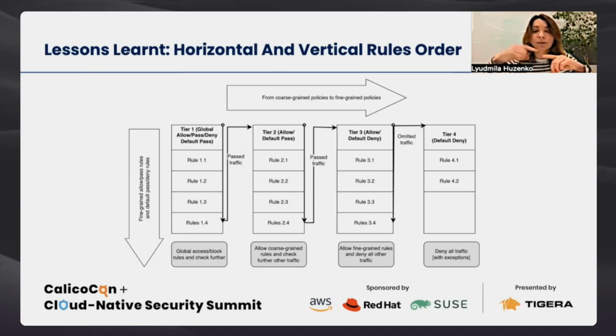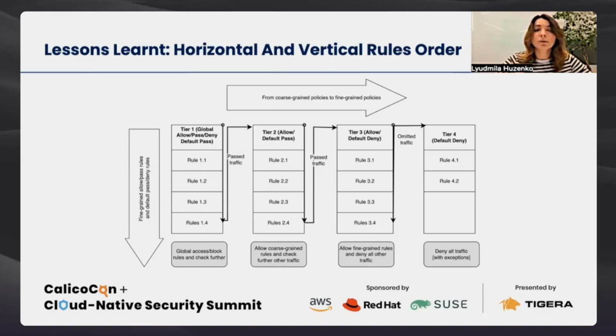Or the second option is when you create all your allow and blocking rule policies in any order as you want, but the last rule should include all the endpoints above and provide the pass policy for them to be processed further. And from a horizontal perspective, there are three types of tiers.